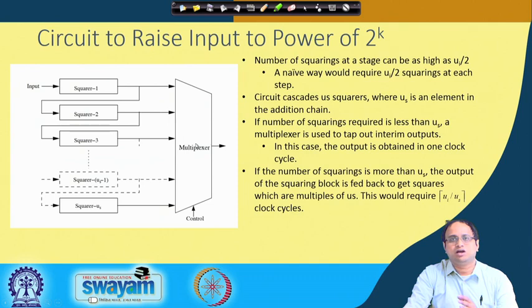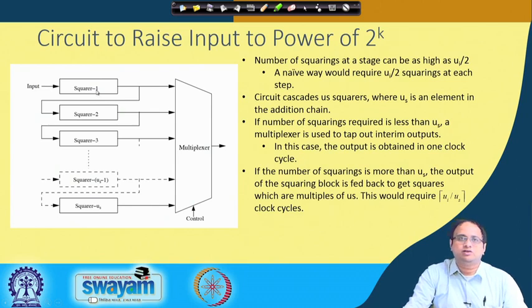Now suppose I want to calculate a certain number of squarings, and if the number of squarings is less than US, then I can just multiplex out the corresponding output. For example, if I require 2 squarings, then I will pass the input here and give an appropriate control here, so that this signal, which is after 2 squaring operations, gets tapped out.